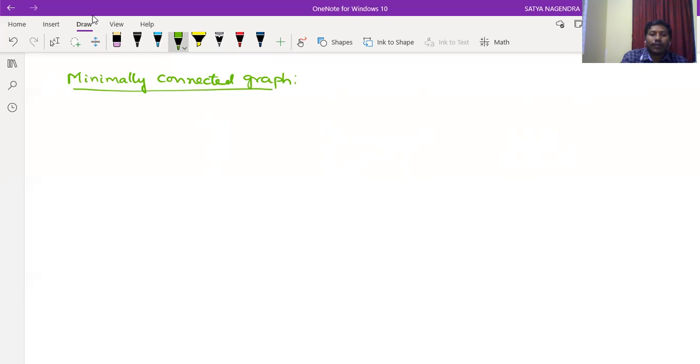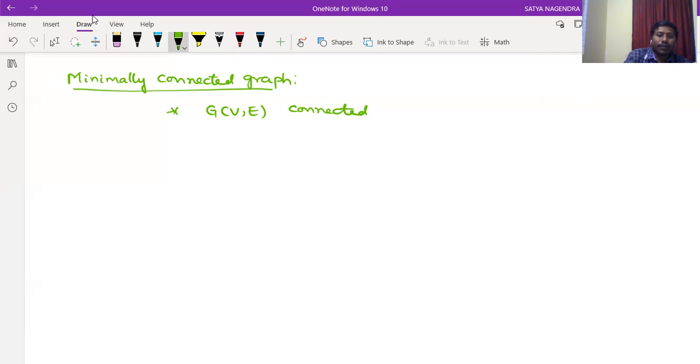If you take a graph G(V, E) which is a connected graph, we say that the graph G(V, E) is minimally connected if the removal of any edge from this graph makes G into a disconnected graph. Then we say that the graph G is minimally connected.